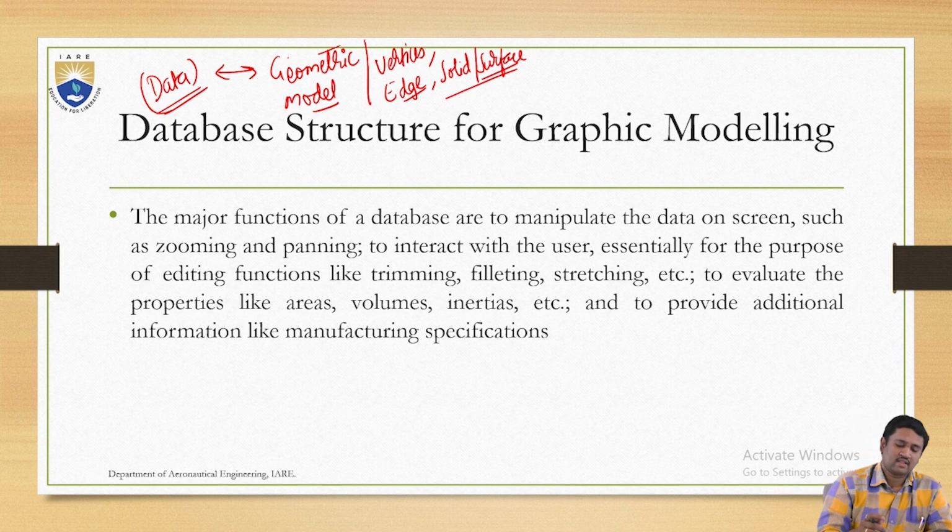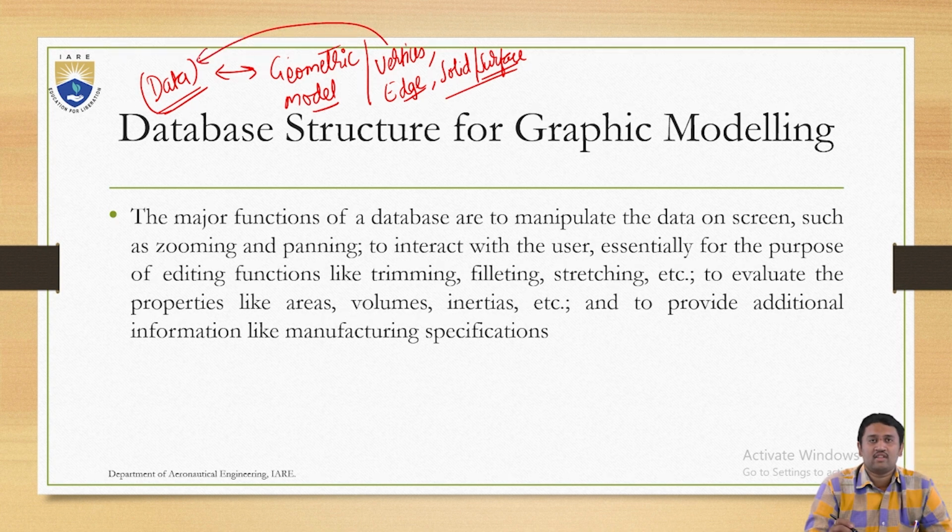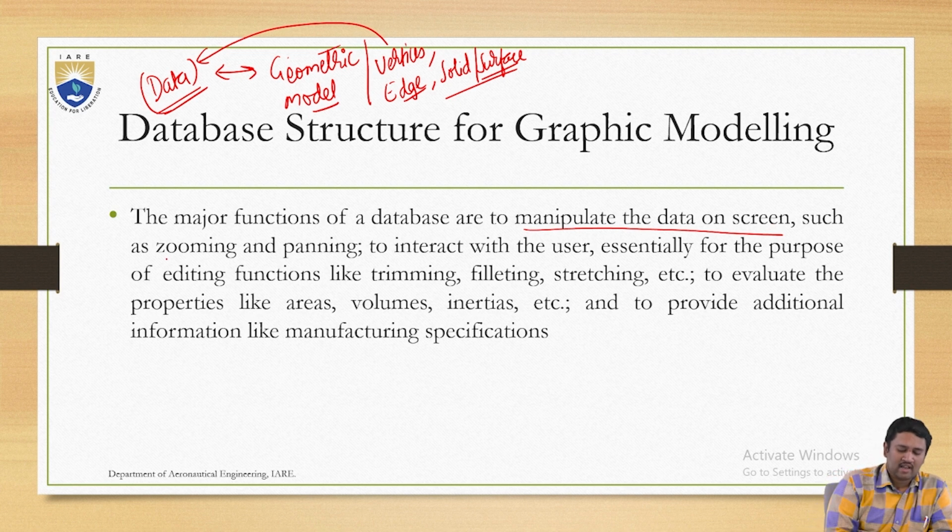Now, all this data is supposed to be saved with respect to your model under your database or a data storage device. It can be portable or fixed depending on the type of workstation we will be using. That database will act as temporary storage to manipulate the data which is to be displayed on the screen, such as whenever you are zooming or panning.